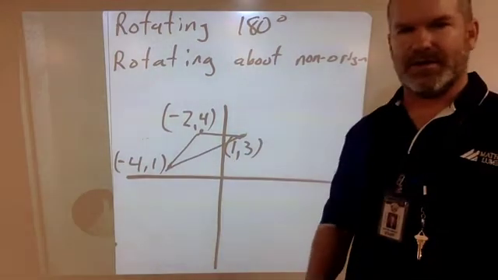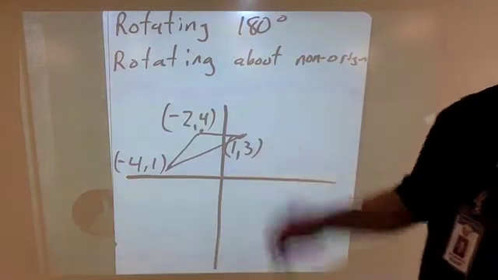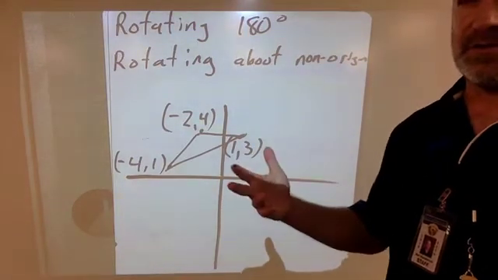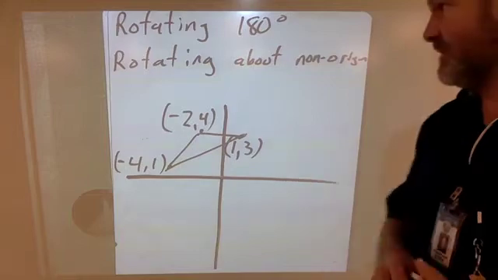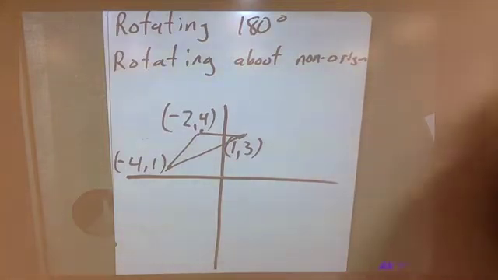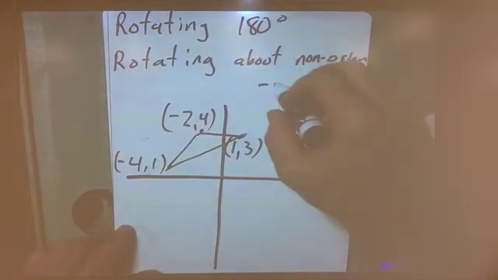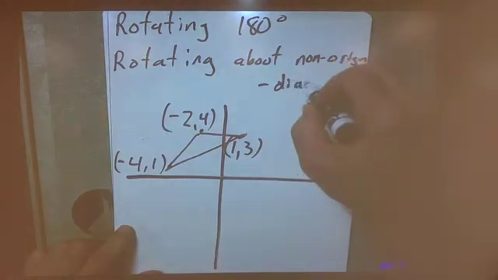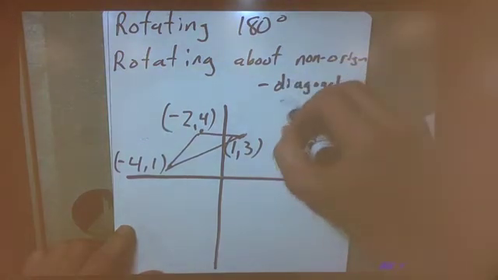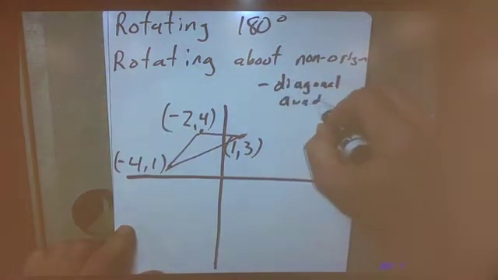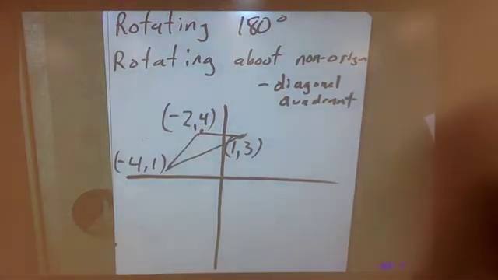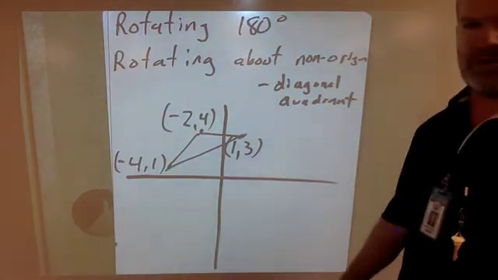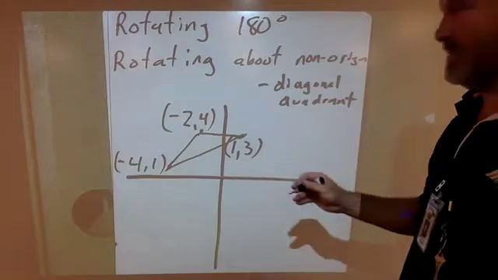If we're going to rotate that 180 degrees, when you rotate something 180 degrees, there's two tricks. The first trick is it goes to the diagonal quadrant. The quadrant just means that you've split your coordinate plane, your graph, up into 4 corners.